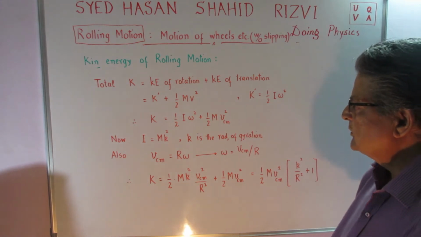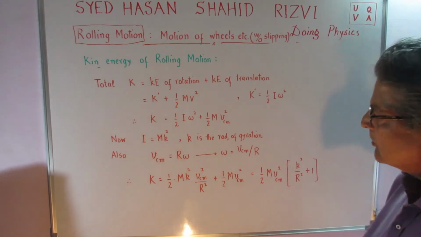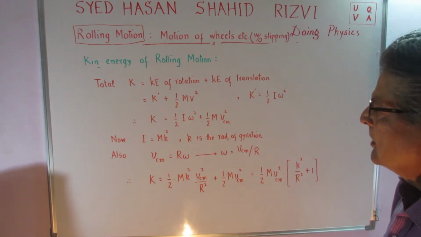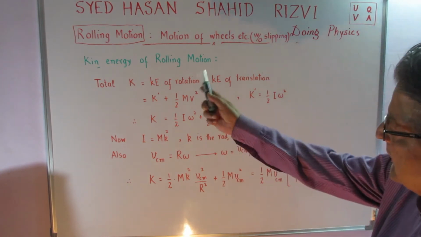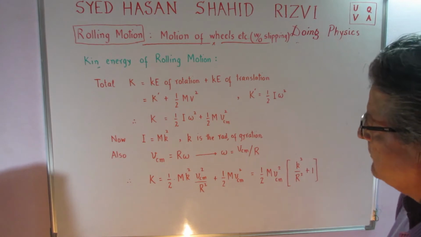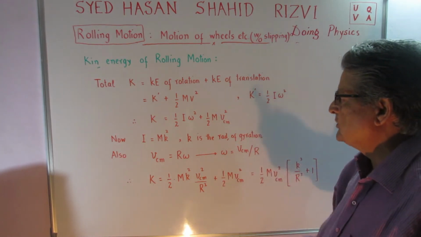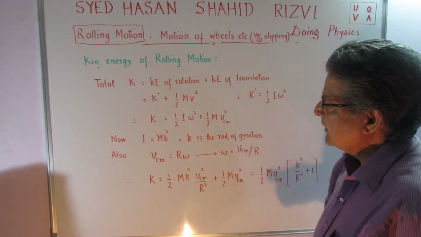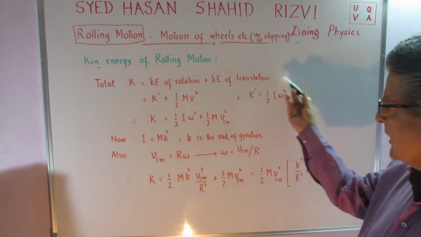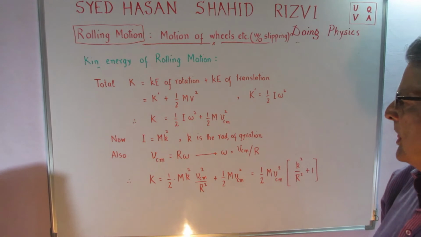So we just calculate the kinetic energy of a rolling motion. Rolling of a disk, rolling of a cylinder, rolling of any body. Here, the total kinetic energy of the rolling motion, which comprises rotation as well as translation, will be equal to the kinetic energy of rotation plus the kinetic energy of translation.